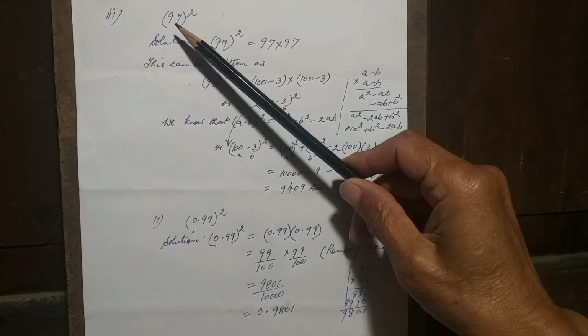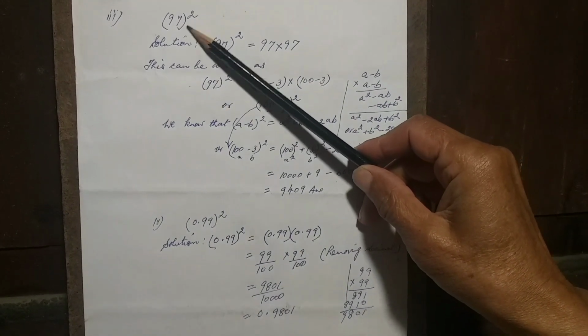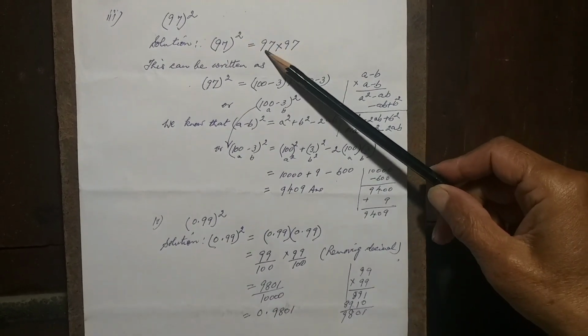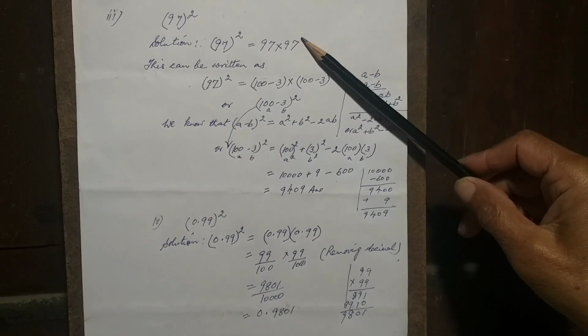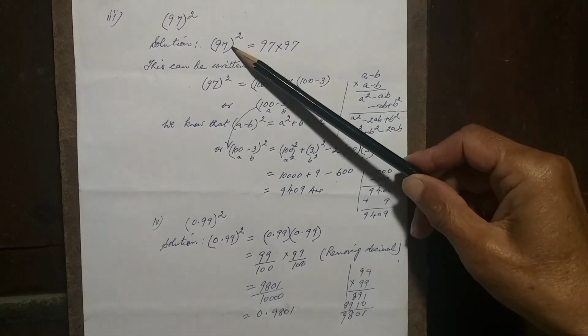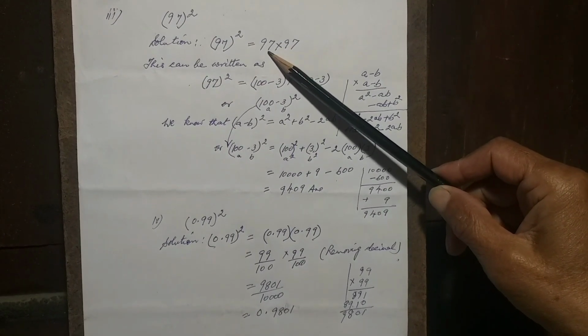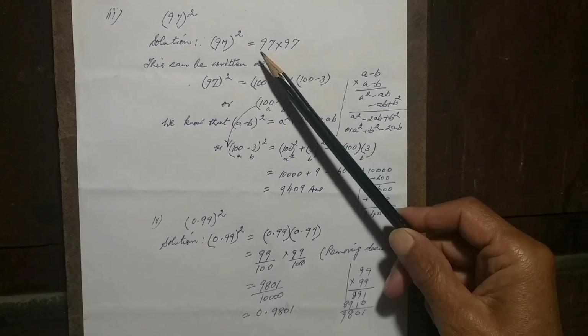Now let's solve this. Here we have 97 whole square. Now what does this mean? 97 whole square means 97 multiplied by 97. Now this can be written as 97 whole square is equal to, instead of this 97, we can write 100 minus 3. That gives 97.